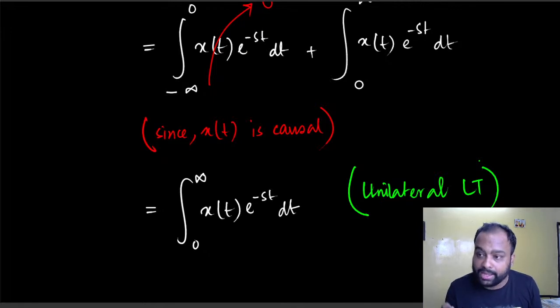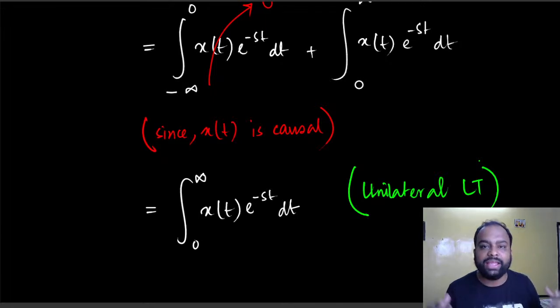So that is why, for the most part in this course, we are going to talk about the unilateral Laplace transform, right? But while deriving certain formulas and certain properties of the Laplace transform, we are going to use the bilateral definition, all right? Because that is how the Laplace transform is defined in a bilateral way. But for most calculations, we are going to use the unilateral Laplace transform.